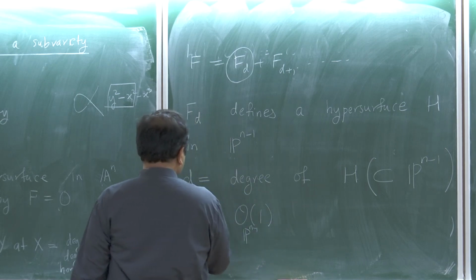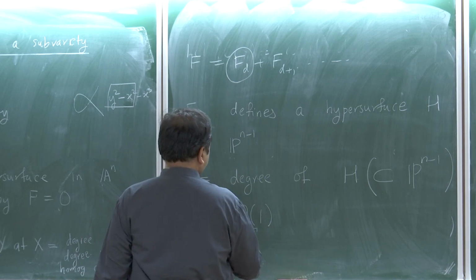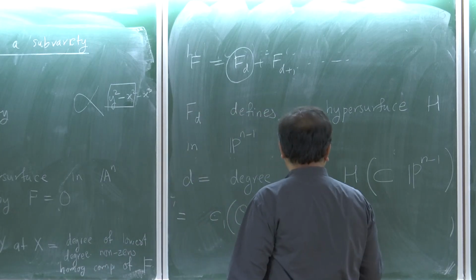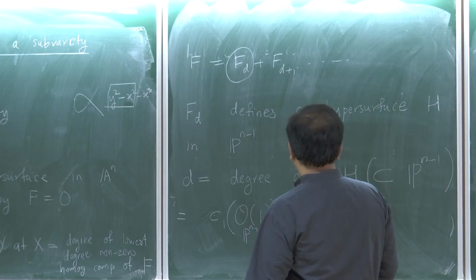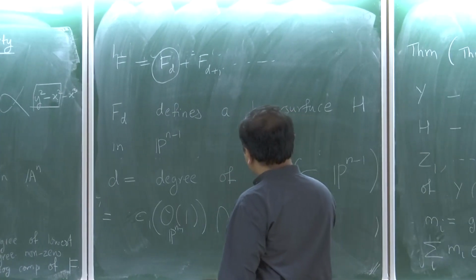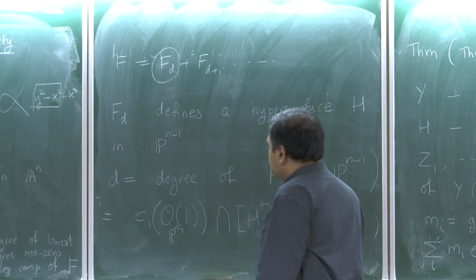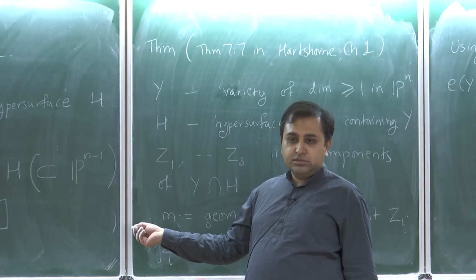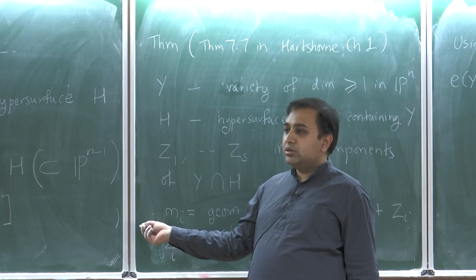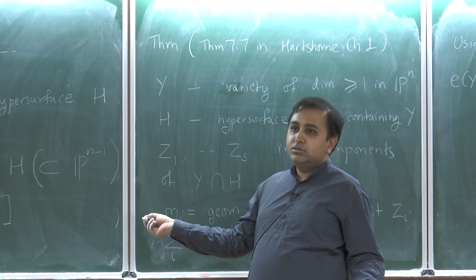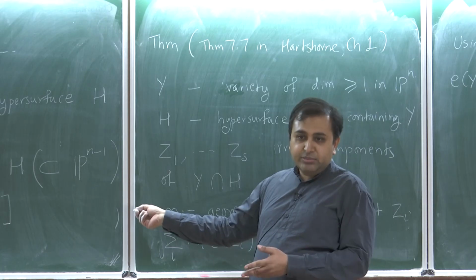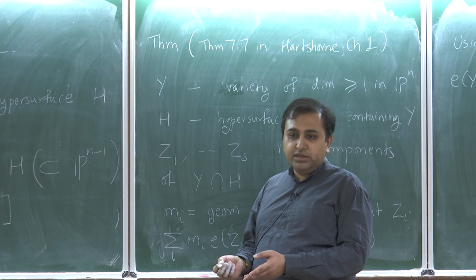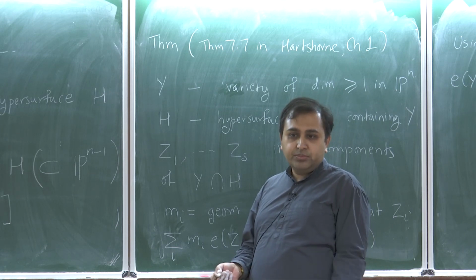So I can take its Chern class and cap it with the class of H. I take this and this is a certain number of points. Now what do I do to this collection of points? It's a zero cycle. I take the degree. What is the definition of degree?